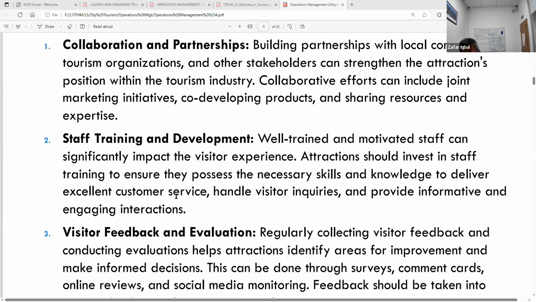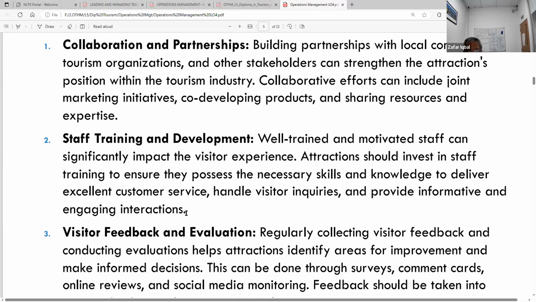It has a tower similar to the Eiffel Tower. So the local businesses, the local community, the local people, they work, and it provides employment for these people. And so the initiatives using the local resources, marketing initiatives, will enhance. Okay. Staff training, development. Okay.